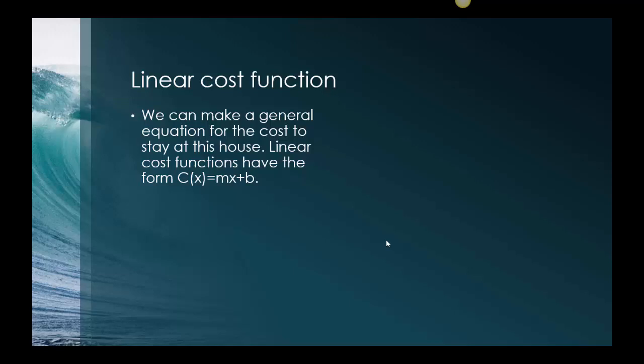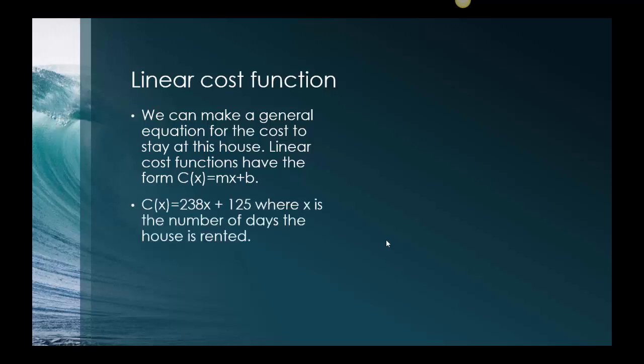So a linear cost function will have the form C of x equals mx plus b. M will be marginal, so something that's changing. X will be the number of units, so it's usually how many items we're doing. In this case, our items are days that we're staying. And then the b is the fixed cost. So I'm taking the information we have from the previous slides and saying that it costs $238 per night plus $125, the fixed cost for the cleaning. So here is our function.